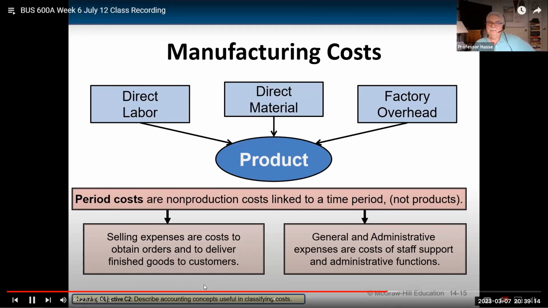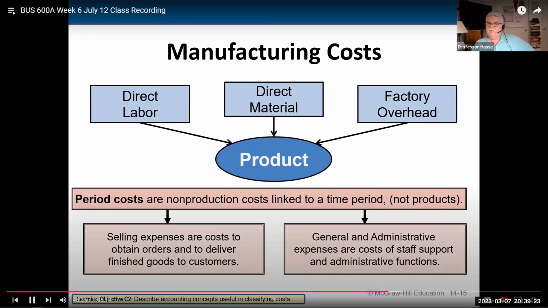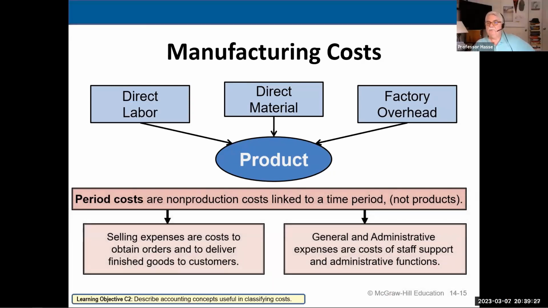Knowing what our product and period costs are is very important to an organization. Companies that keep their product costs strong, because why? You have to produce a product that's efficient and people are willing to buy. That, coupled with period costs that are reasonable within marketing or management, you're going to make money.